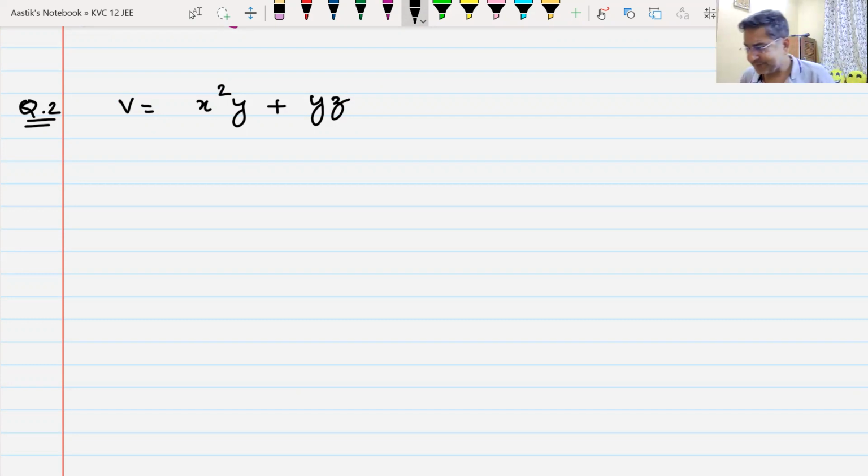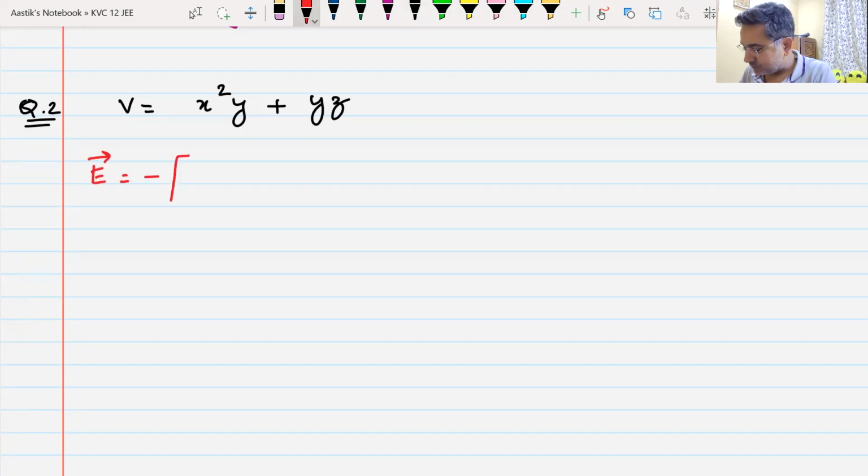It had to be a vector. What you are saying is not a vector, so it cannot be the answer. Minus of 2xy i cap plus x square plus z j cap plus y k cap.